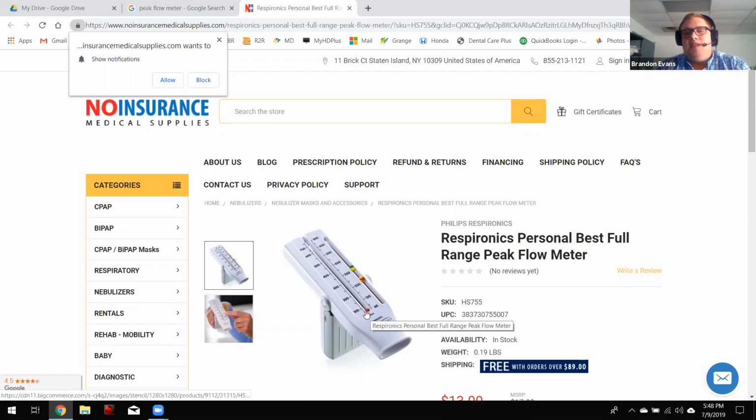This is something that they shouldn't necessarily have to keep on them with their inhaler. But if they're a severe asthmatic and they know they have a lot of issues, they'd want to do this on a daily basis, because this peak flow meter would give them an indication as to where they're at if their airways are restricted at all.